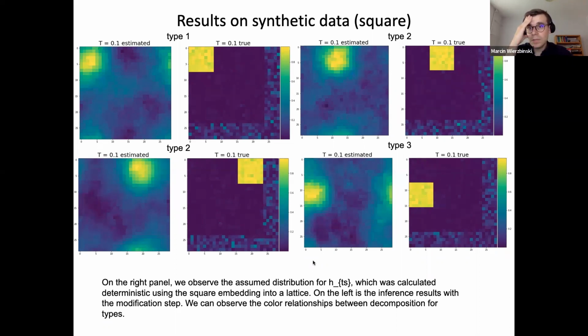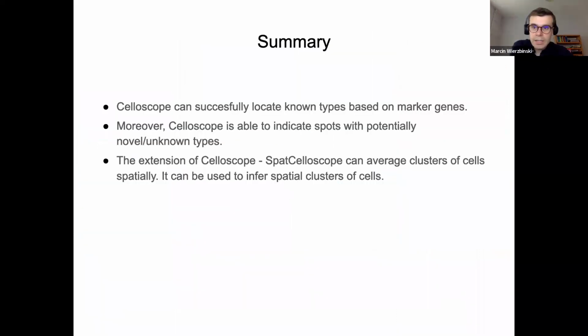And also this model has a GPU modification, so it means that this model can be run on the GPU. It's extremely useful because the sampling, for instance, is three times faster versus the CPU. Okay, so that's everything. In summary, Celloscope can successfully locate known types based on marker genes.